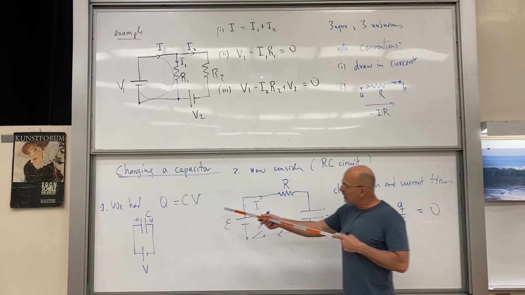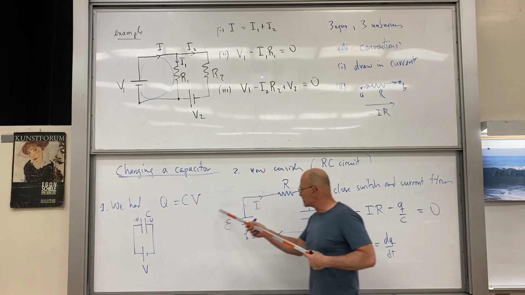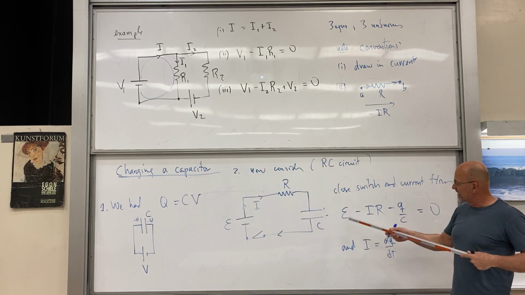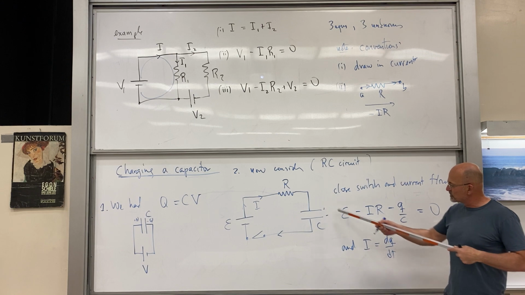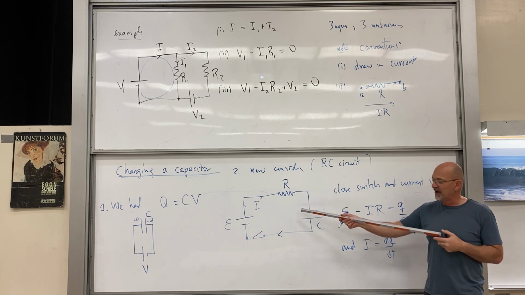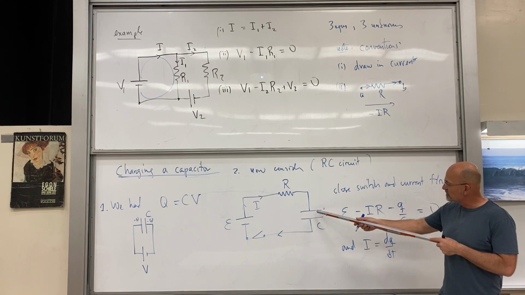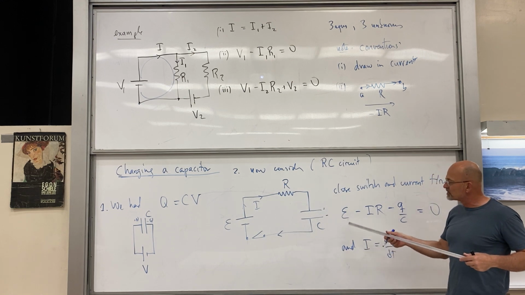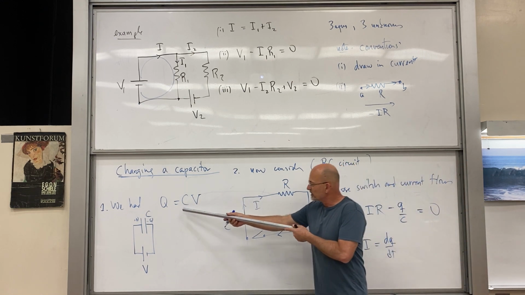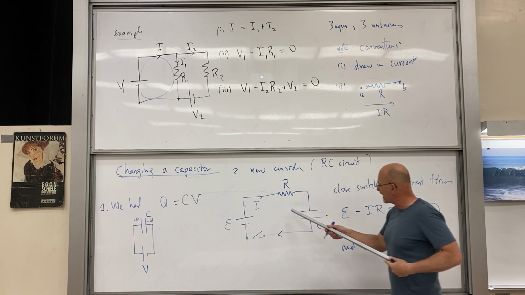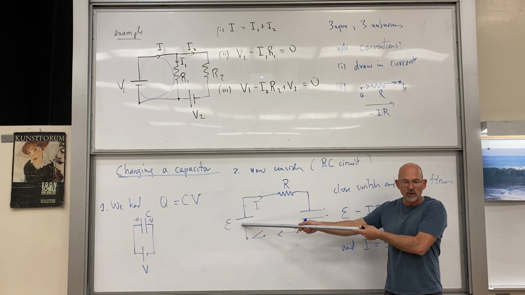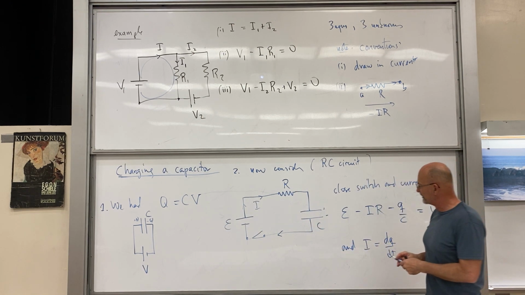Since we started with the idea of it being fully charged, as time gets larger, this ends up fully charged. It starts out with no charge on it, and it ends up fully charged, at which point the charge will just be equal to C times this E here, which is our voltage. Let's have a look.